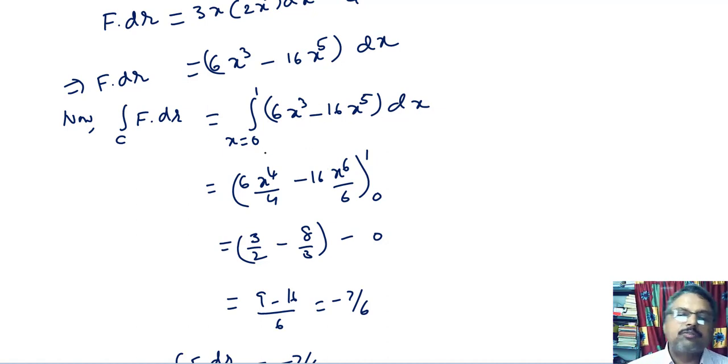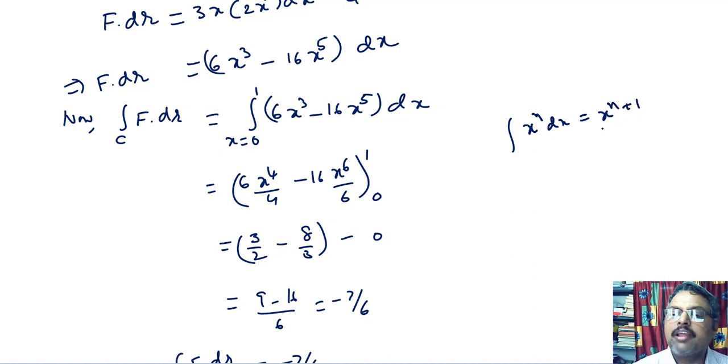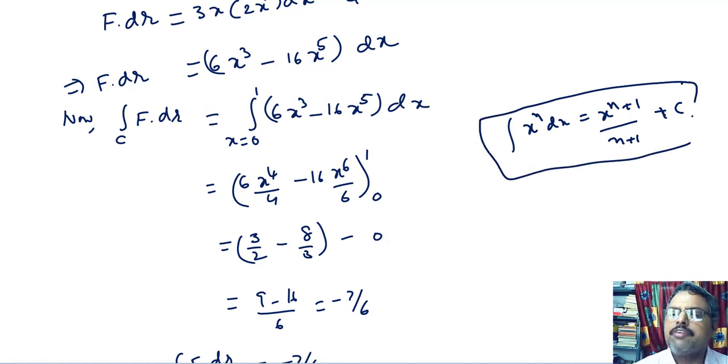Now, integral x cube equals x power 4 by 4, and integral x power 5. We are just using the formula integral x power n dx equals x power n plus 1 by n plus 1, only a simple formula. Don't worry. So x cube integration is x power 4 by 4, x power 5 integration is x power 6 by 6.